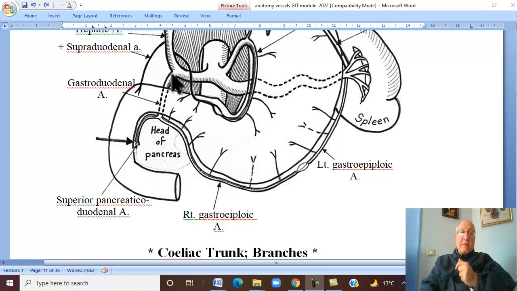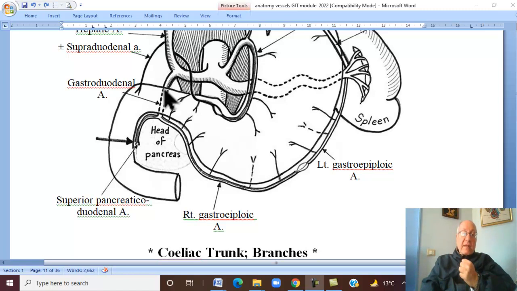The gastroduodenal artery descends downward behind the first part of the duodenum, with the same relation as the structures in the free border of the omentum. The gastroduodenal artery replaces the hepatic artery in the free border of the omentum.